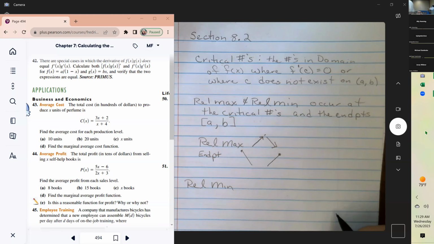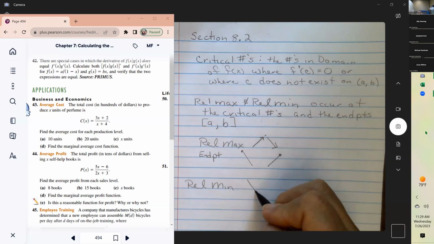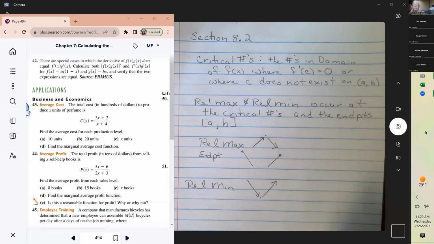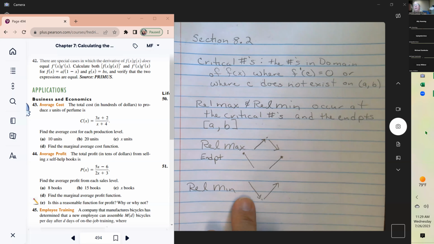A relative min, if it's in between A and B, would be going down and then up. This would be a min because it's a low point in the values around it.